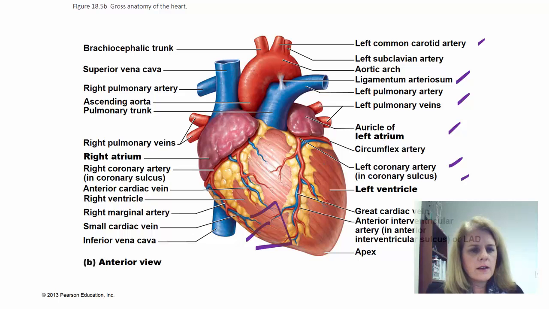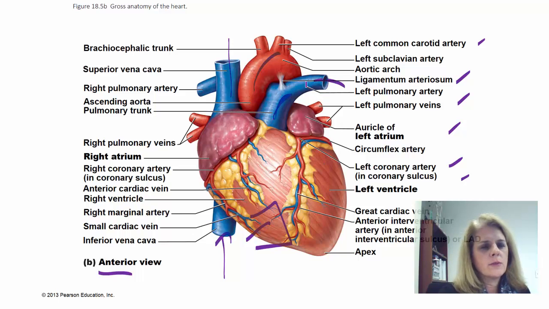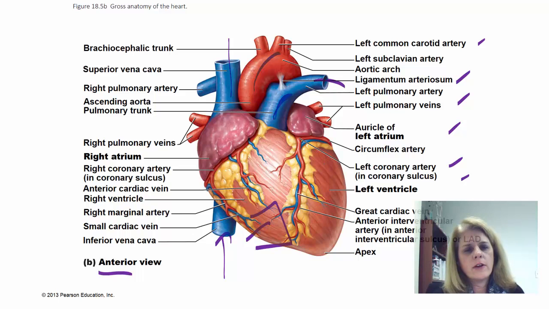This is looking at the anterior aspect, so the front of the heart. And what you're seeing is the aorta, the superior vena cava, and the inferior vena cava, the pulmonary trunk with the pulmonary arteries. You may have already heard about these a little bit when you talked about blood vessels, and we'll talk about them again.